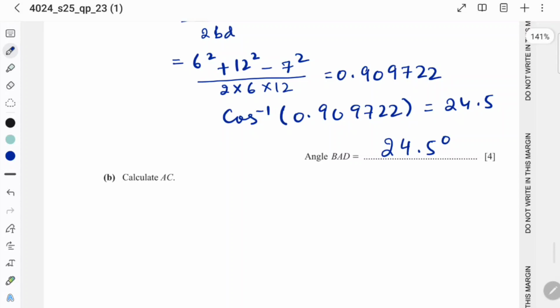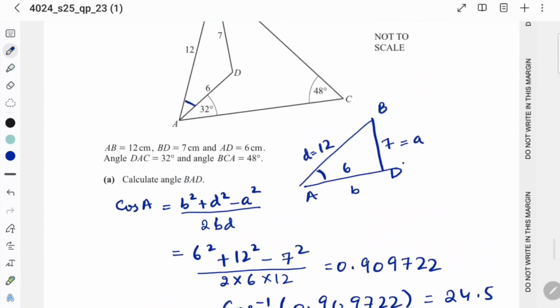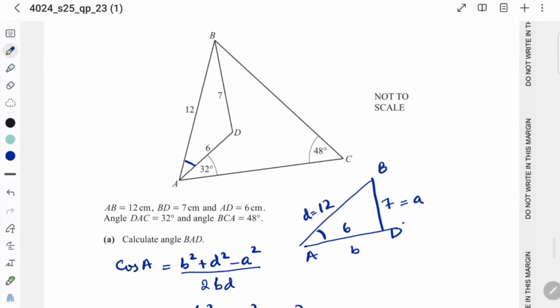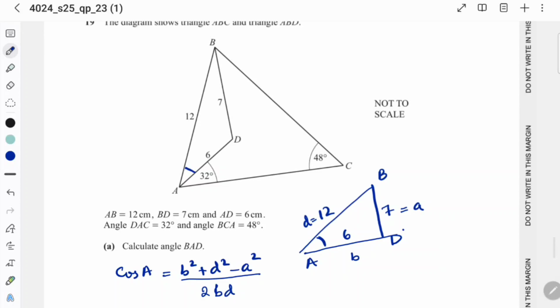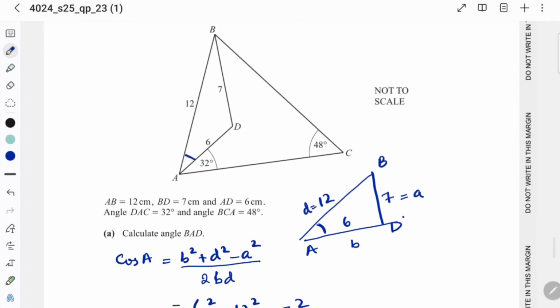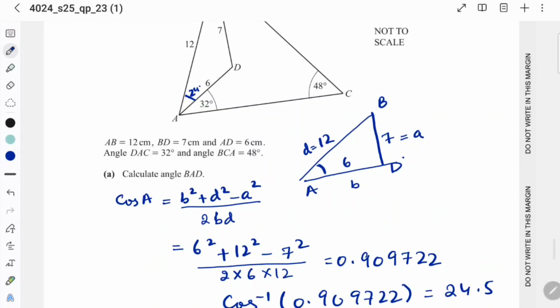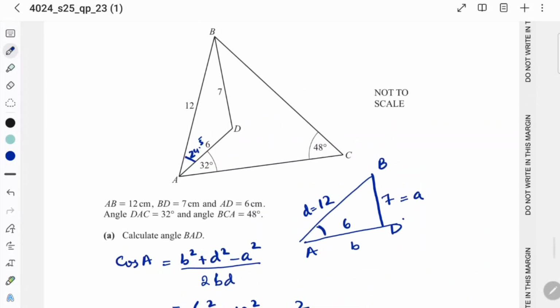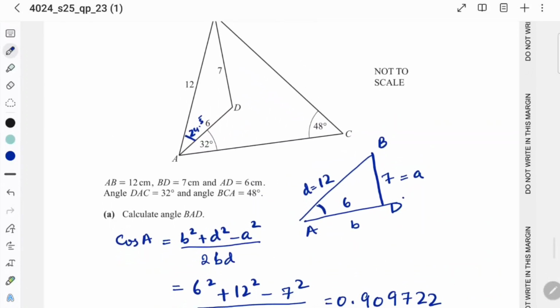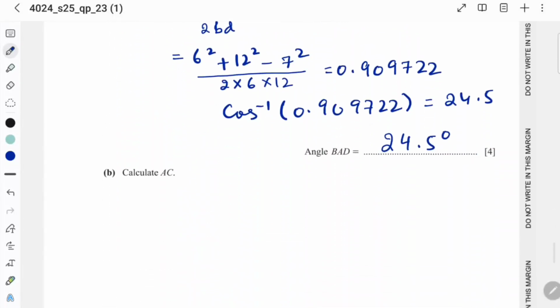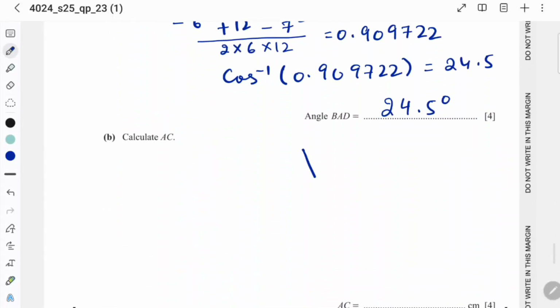All right, so moving to the next part of this question, that is calculate the value of AC. For the AC value, I'll have to draw the whole triangle where this is 24.5. 12 is the side, and two angles are given. So obviously we'll use the sine rule.